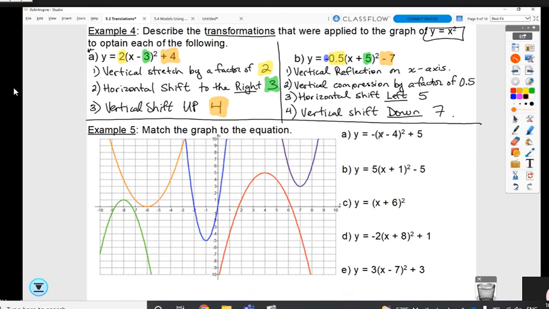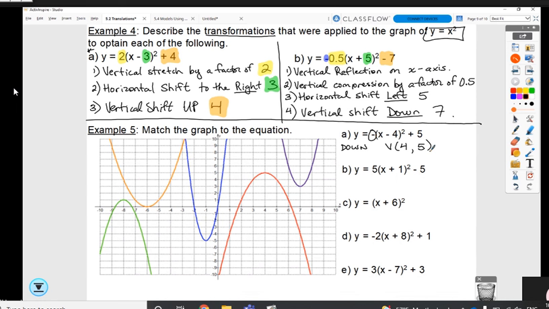So this first one here, we know it's opening down because that A value is negative. And then the vertex is going to be positive 4, because it says x minus 4. We know it's a positive 4 and positive 5.